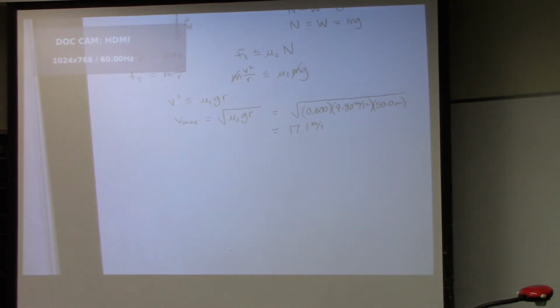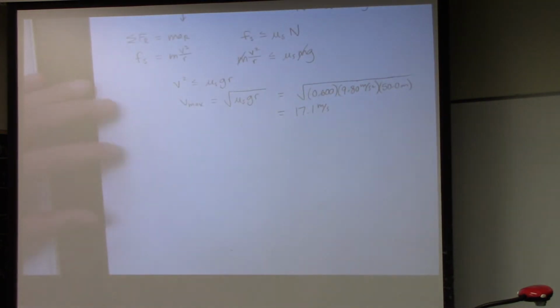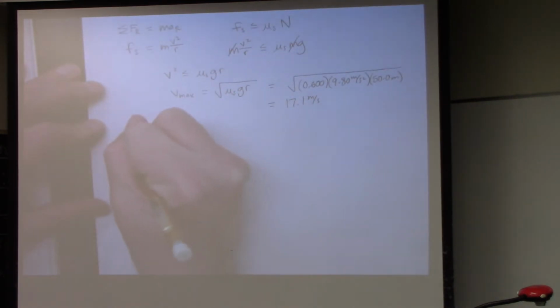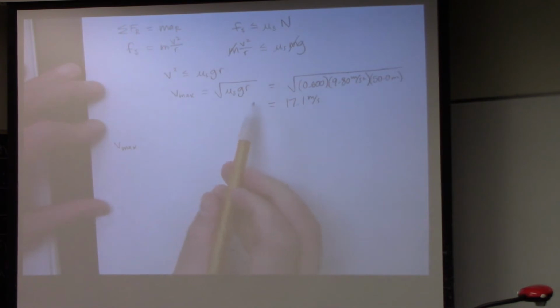Okay, so actually, we can just use our Vmax expression from before. We know that Vmax is equal to the square root of mu s times g times r. So we can calculate this, and it's going to be something different from before, because of course, our mu s value has changed. Instead of 0.6, which is on a dry day, it's 0.4 when the road is wet.